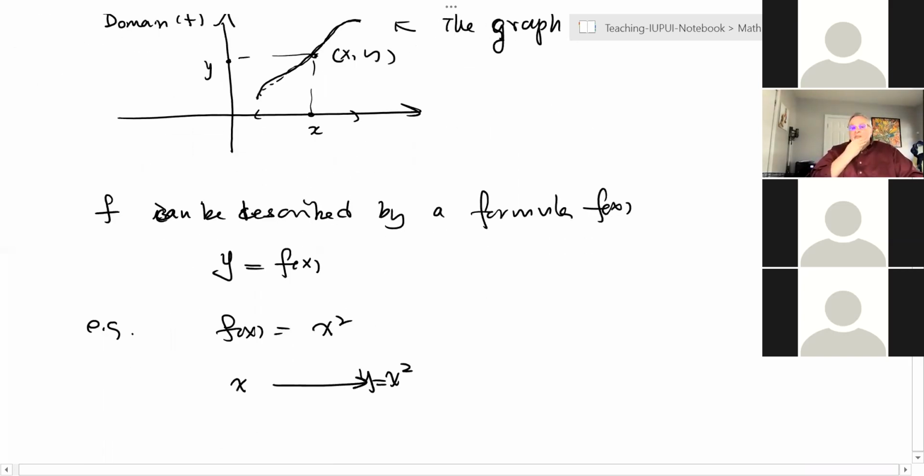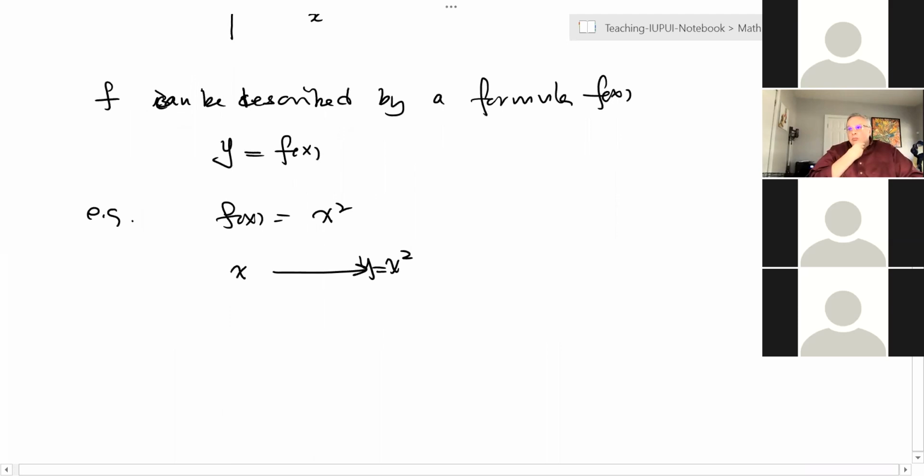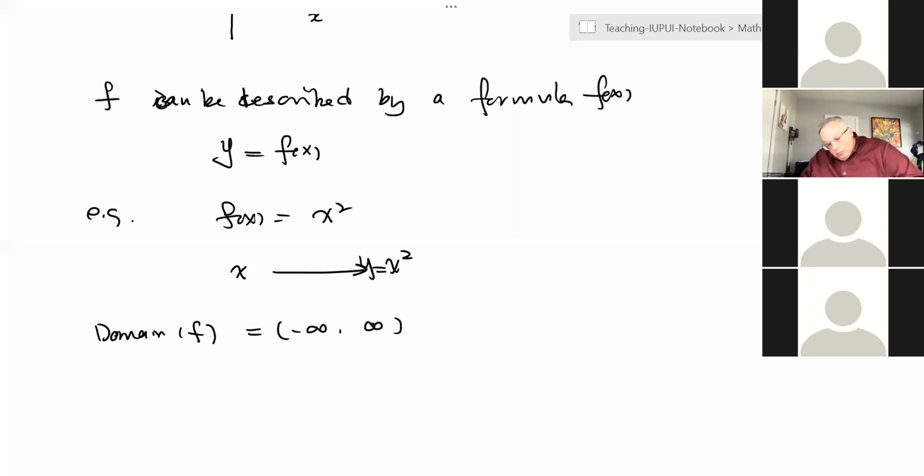So look at this example. If I do not put any restriction on x, then clearly the domain of this function is going to be the whole line. Any x can be used. If there's no restriction, then that will be the domain of the function.